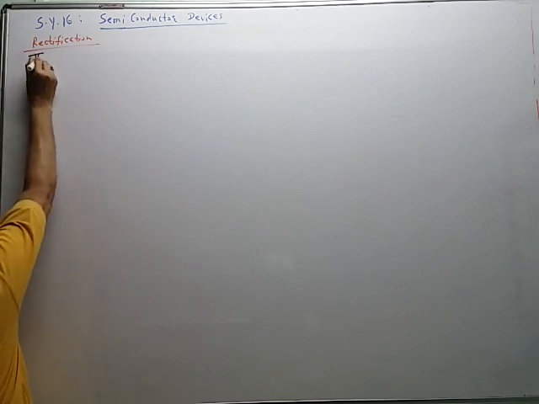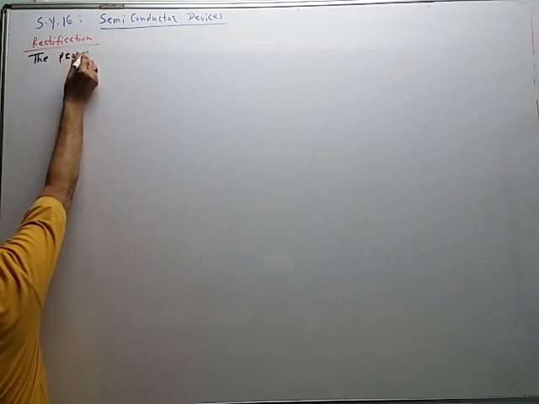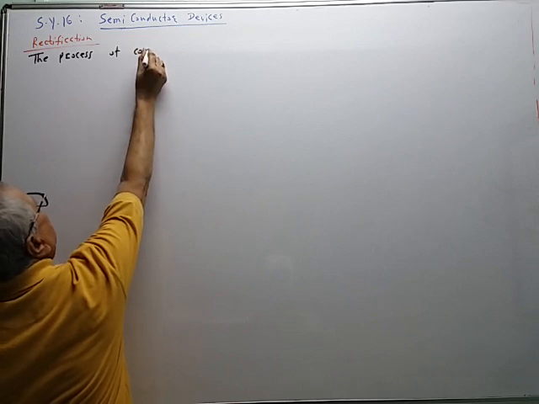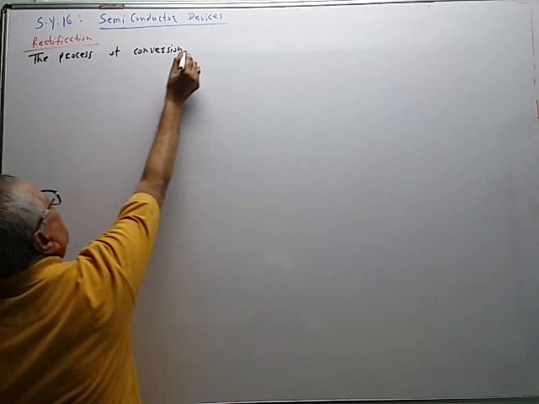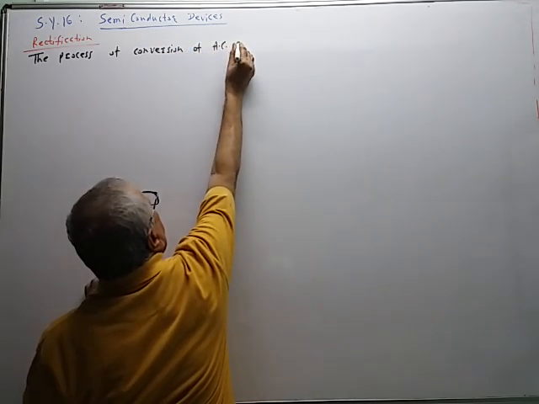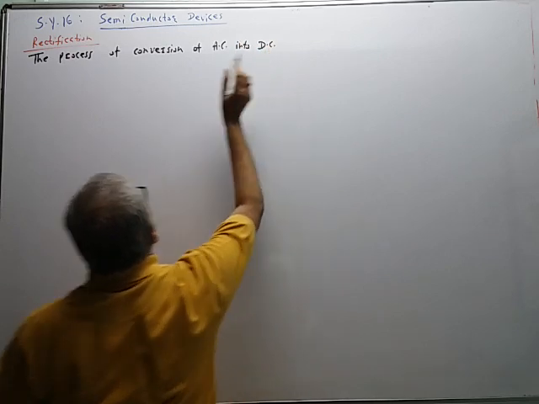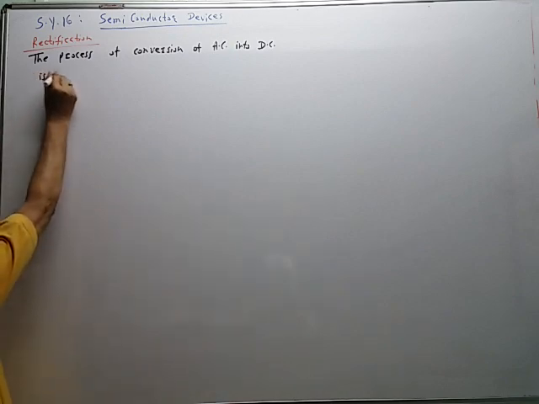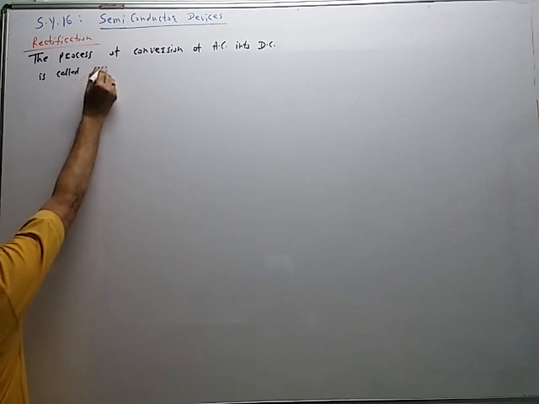The process of conversion of AC, alternating current, into DC, direct current, is called rectification.